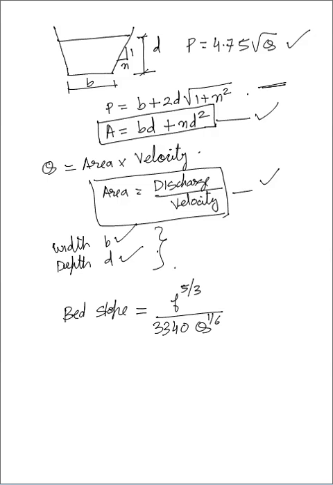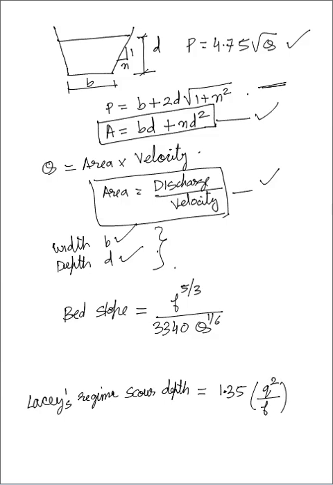Then one important formula, that is Lacey's regime scour depth. It is equal to 1.35 (q square by f) raised to 1 by 3. Now see, this is small q.